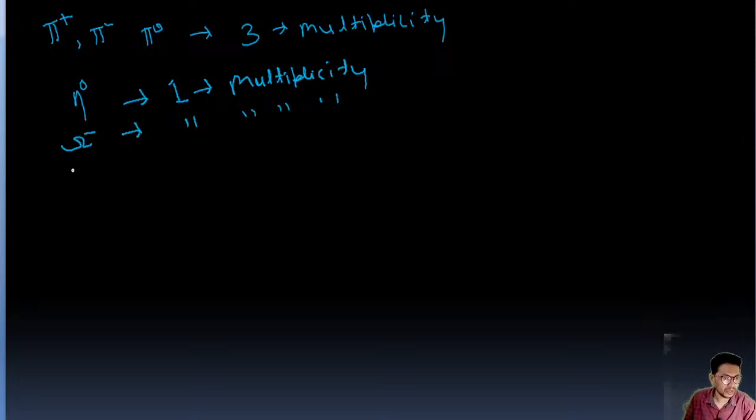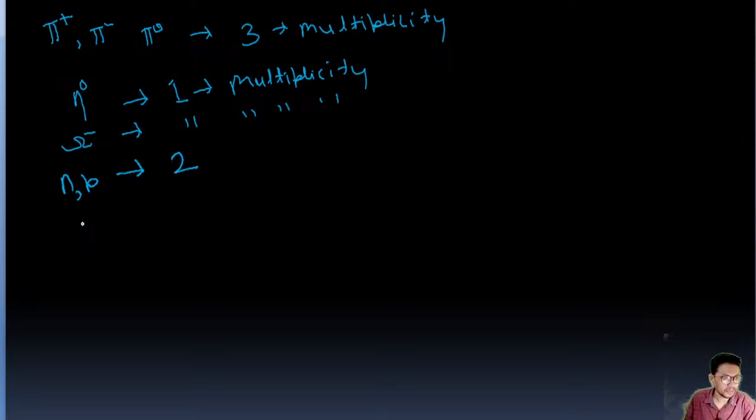And for neutron and proton, because they are 2, right? They come in nucleon, right? For neutron and proton, the multiplicity is going to be 2.